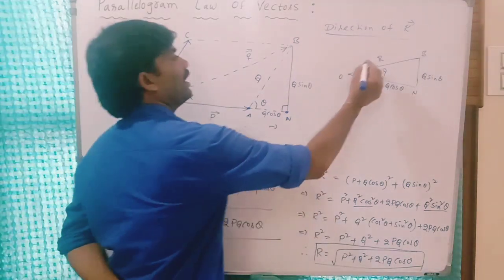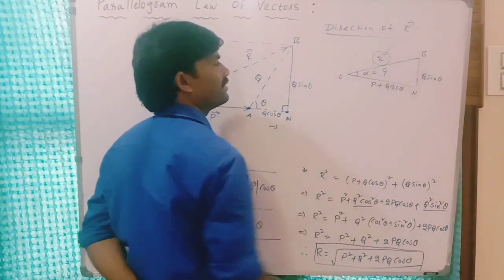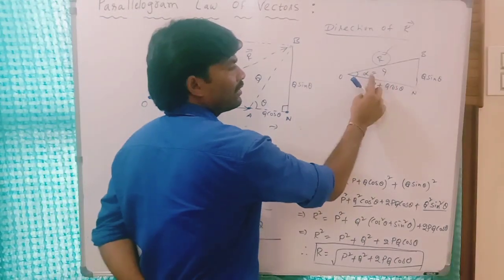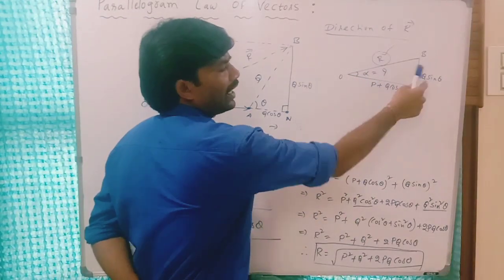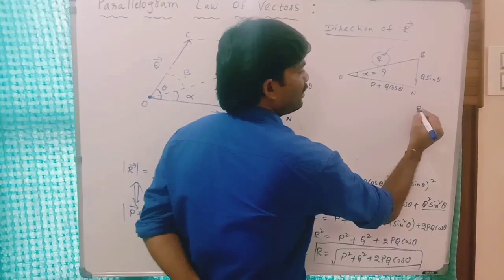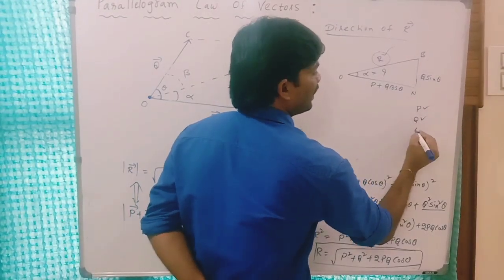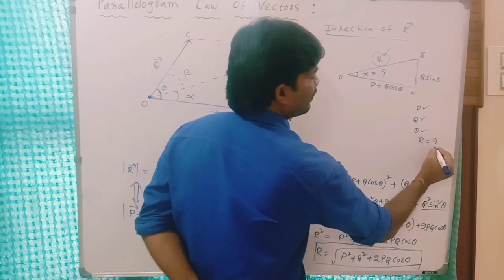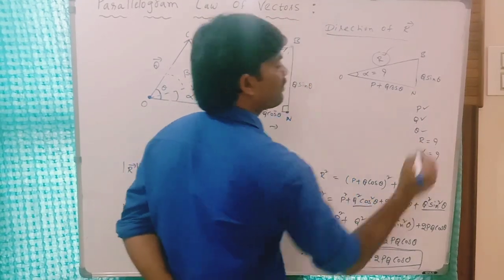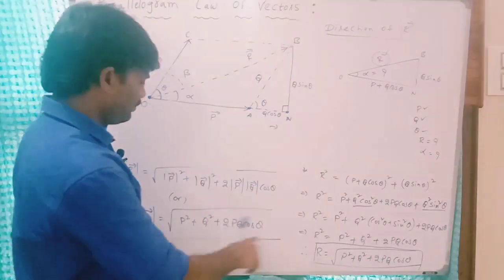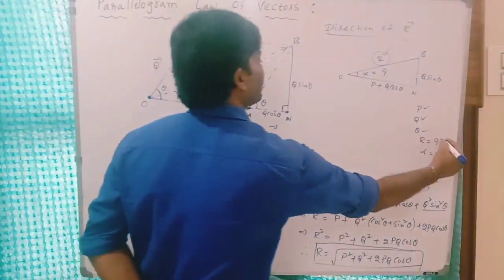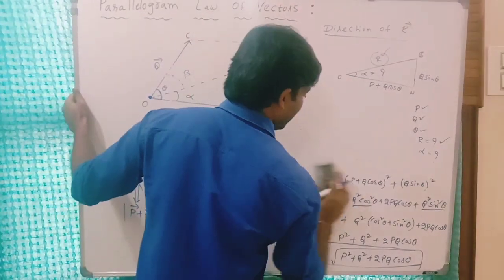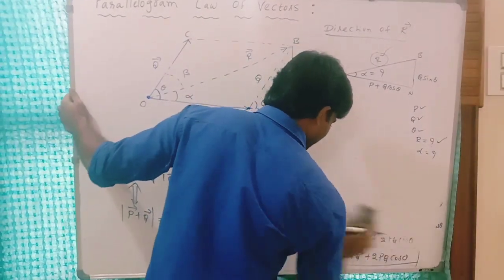So already we have written the equation for this resultant. Generally we are asked R and alpha by providing P, Q and theta. They provide magnitude of two vectors and the angle between the two vectors, and we are asked magnitude and direction. So already we have written magnitude. This is over. Now for direction, that is given by angle alpha.